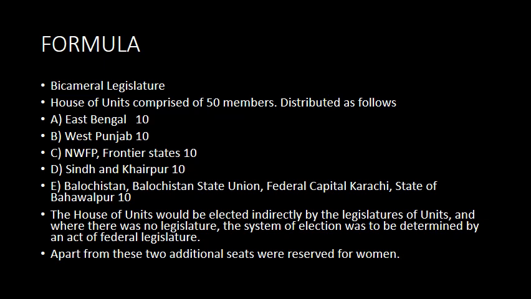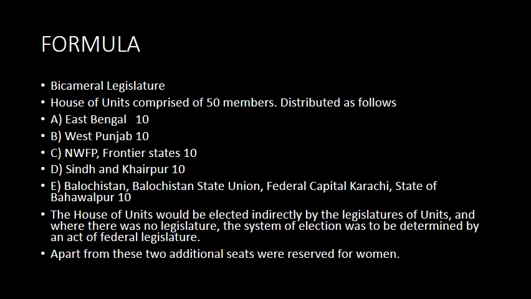At that time there were many areas where there was no legislature, like the frontier states, the Balochistan States Union, and the federal capital as well. So those seats were to be elected by the federal legislature.